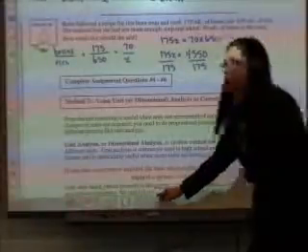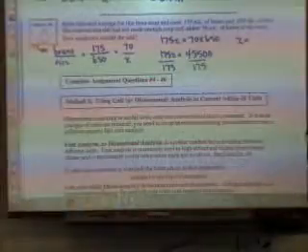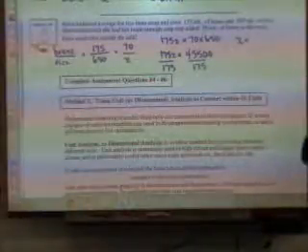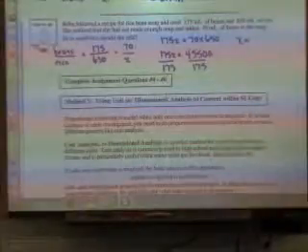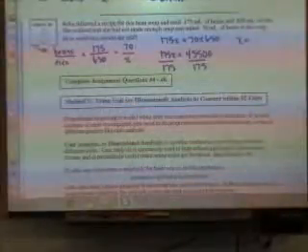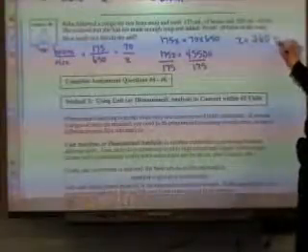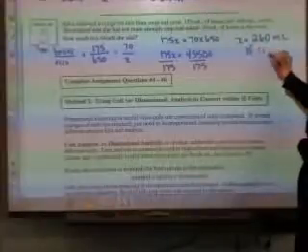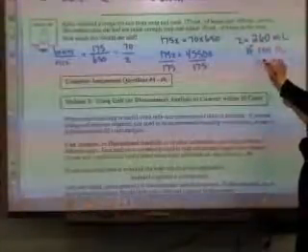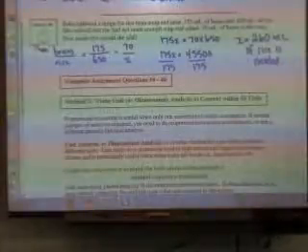Is it 45,000 or 45,500? That's right. So now when I divide, what do I get? 260 milliliters. So she needs to add 260 milliliters of rice to keep my soup tasting the same.